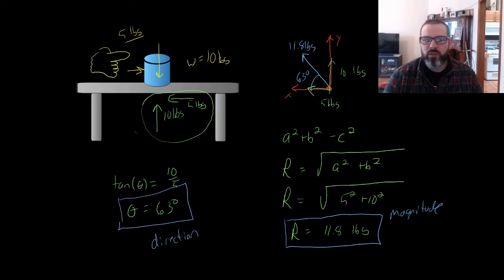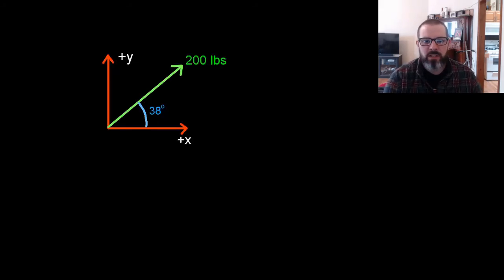Now, since we can take two forces and put them together into a resultant force and an angle, we can always break any force into two forces. So let's say here we have a 200-pound force acting at 38 degrees from the x-axis. We can take this force apart into two components acting directly on the x and in the y.